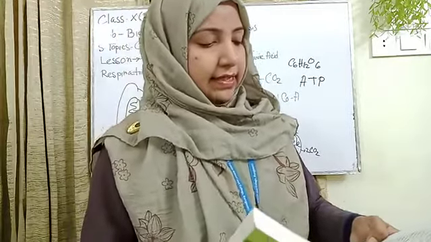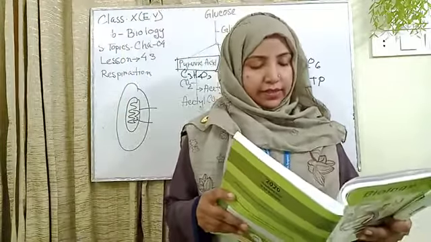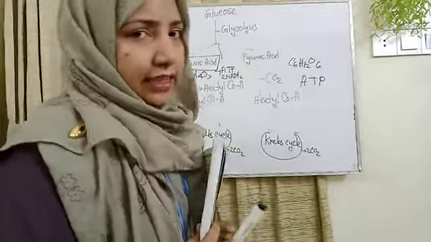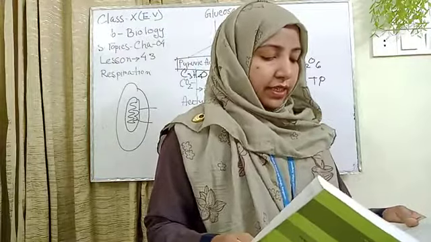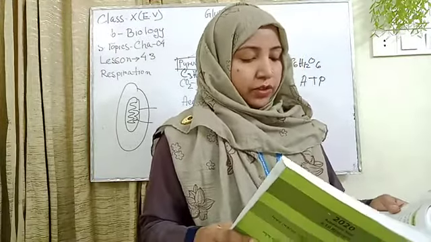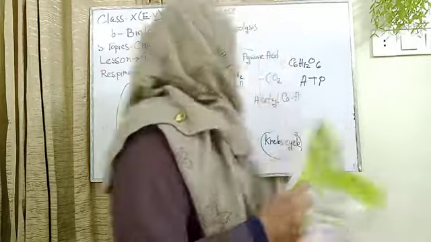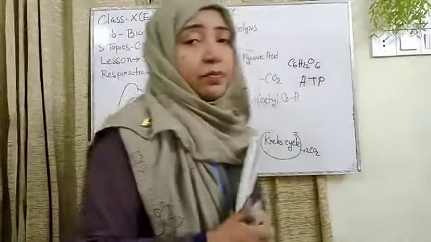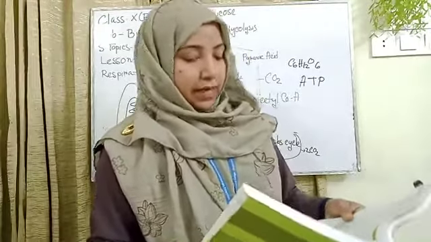Another stage is acetyl-CoA formation. Each molecule of pyruvic acid produced in glycolysis is transformed into a molecule of 2-carbon acetyl-CoA, a molecule of carbon dioxide, and a molecule of NADH plus H plus.